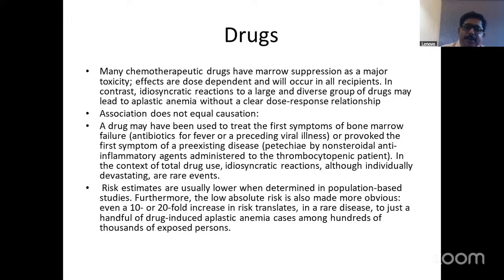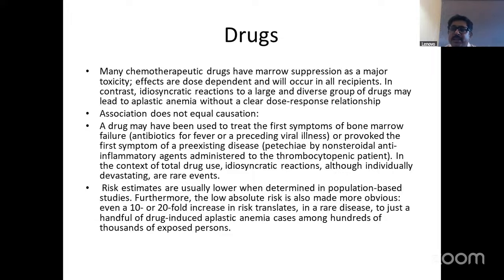But let me tell you that association of bone marrow failure with a drug is not equal to causation. A drug may have been used to treat first symptoms of bone marrow failure, such as antibiotics for fever or a preceding viral illness, or these drugs could provoke a pre-existing disease, like a non-steroidal anti-inflammatory agent that causes fatigue.